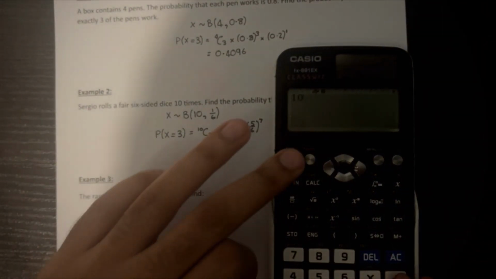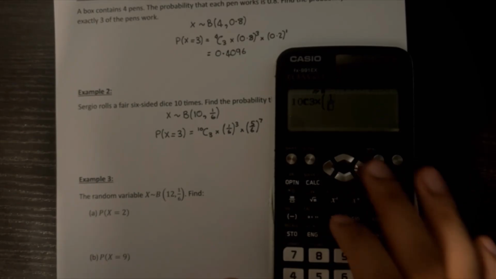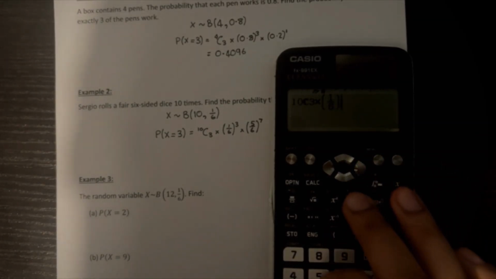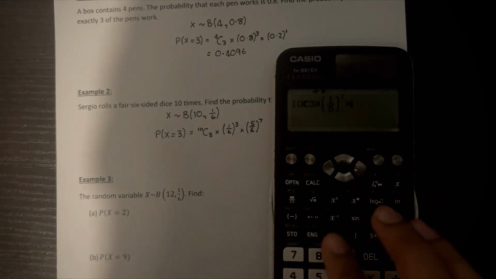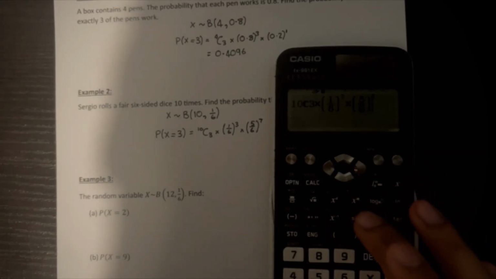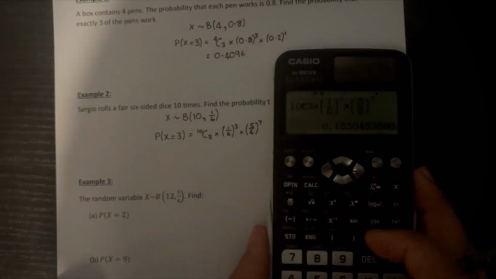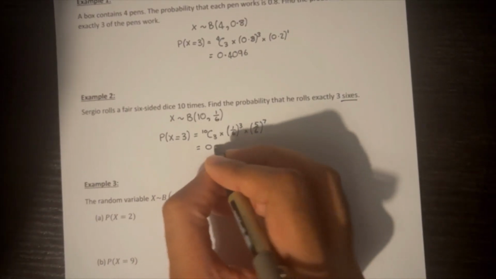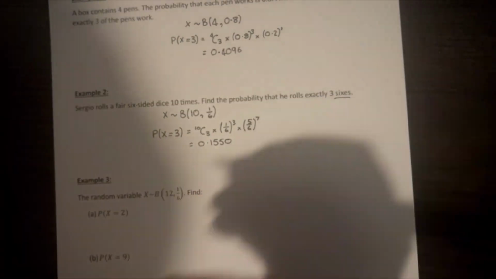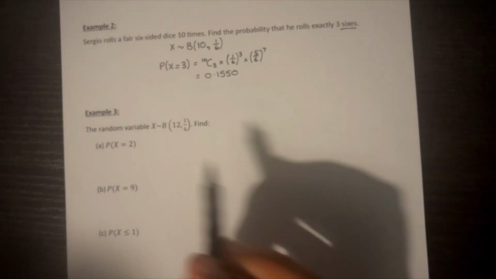We've got 10C3 times 1/6 to the power of 3 times 5/6 to the power of 7, and that is going to give us our answer of 0.1550.